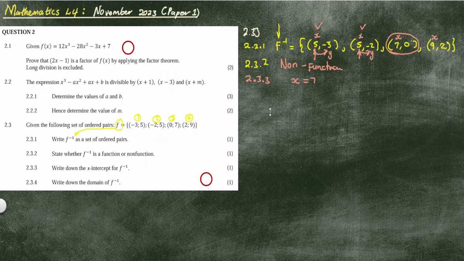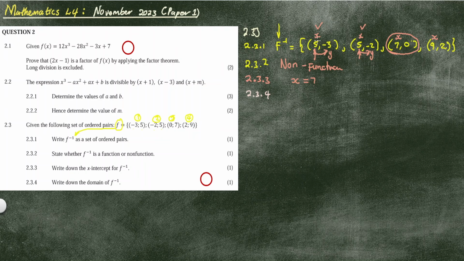Now go to 2.3.4, write down the domain of f minus 1. Okay, this is an interesting question. Pay attention. What is the domain? The domain is the set of all x values that form part of the function.